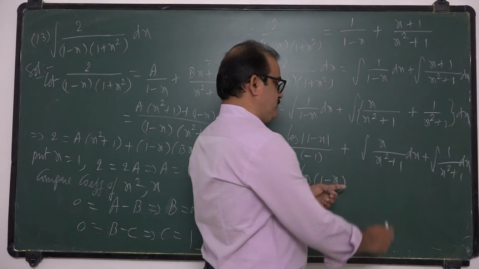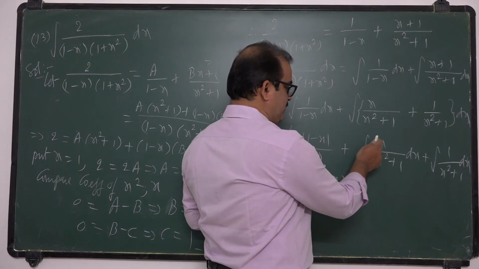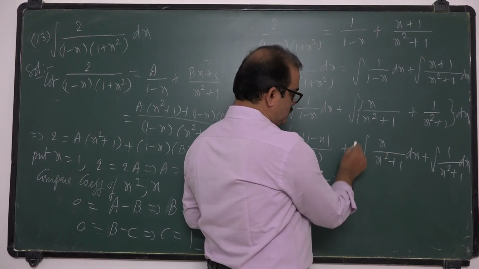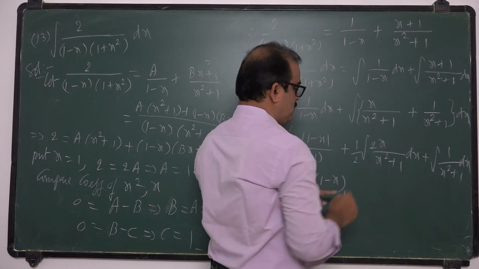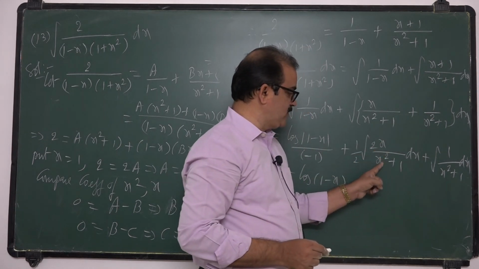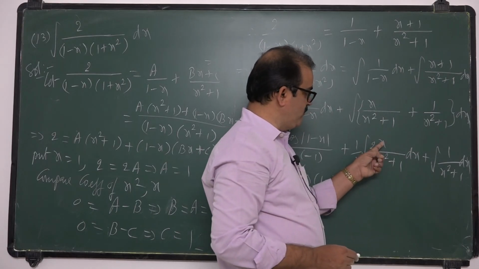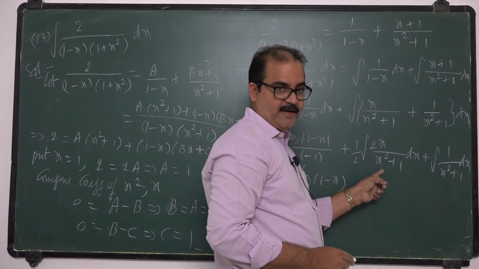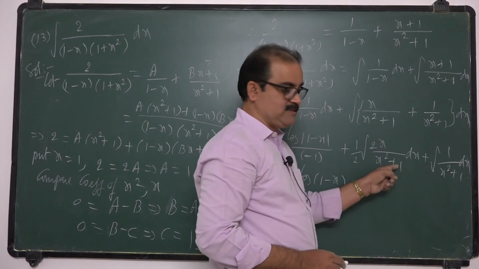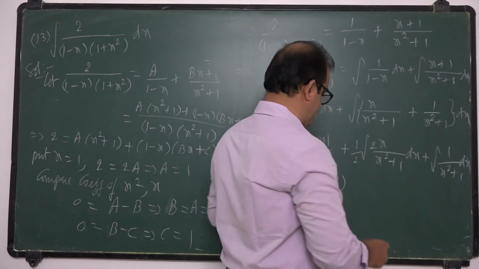Observe that in the second term, if you multiply and divide this by 2, then the numerator becomes the derivative of the denominator. If the numerator is the derivative of the denominator, then its integration is log of the denominator.